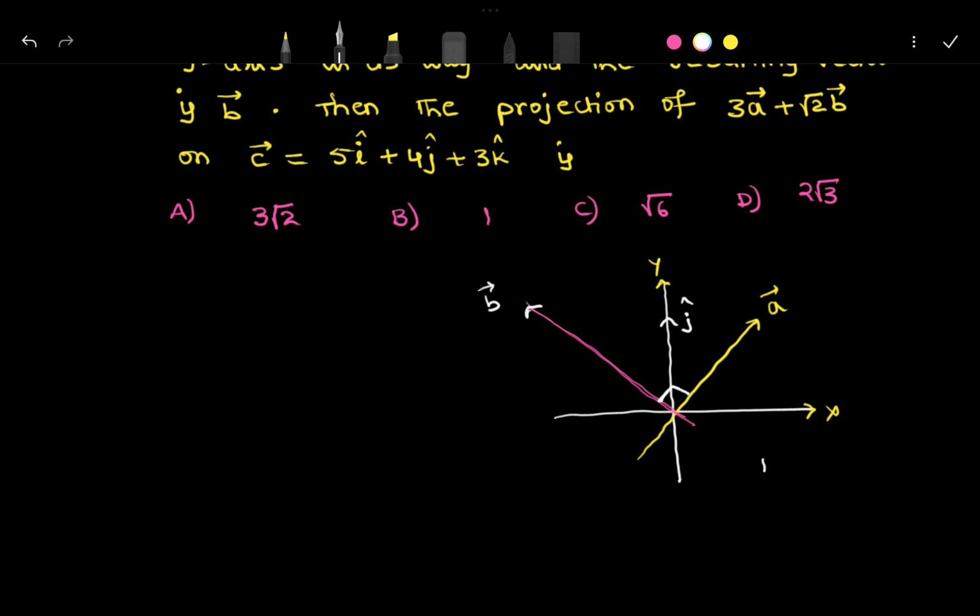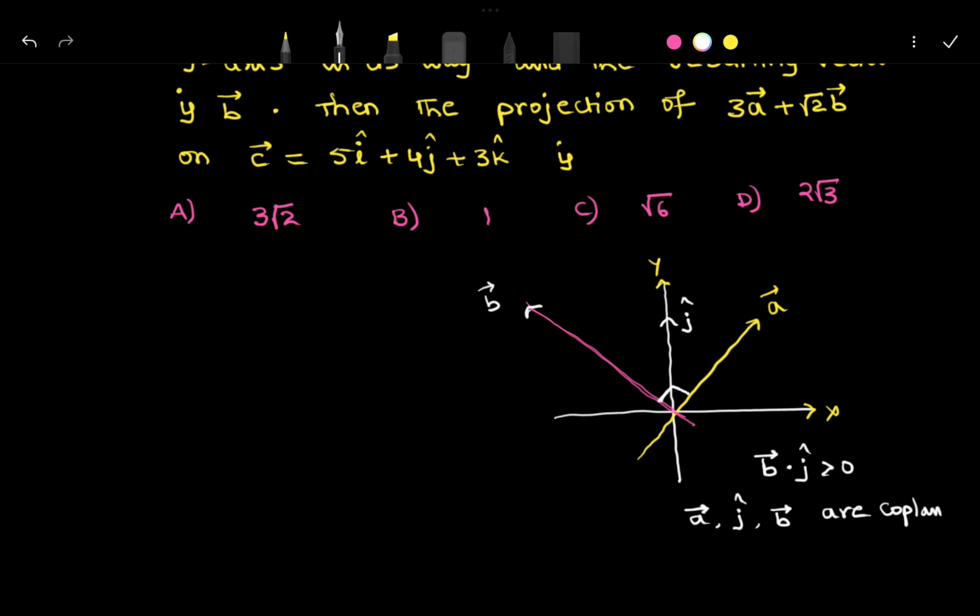So the first point is that b dot j is always greater than 0, because the angle between b bar and j cap is an acute angle. The second point is that a bar, j cap and b bar are coplanar vectors.